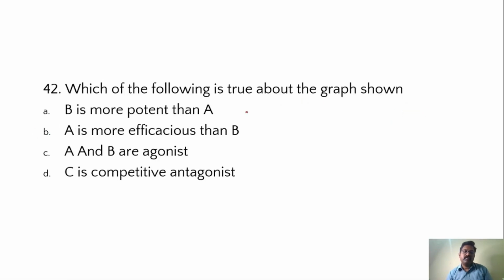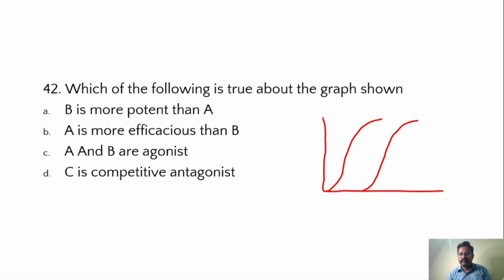So next, which of the following is true about the graph? So this was the graph which was shown. So drug A, drug B, and drug C. This is the efficacy, this is the potency, x and y axis. So which one will be the right answer here?